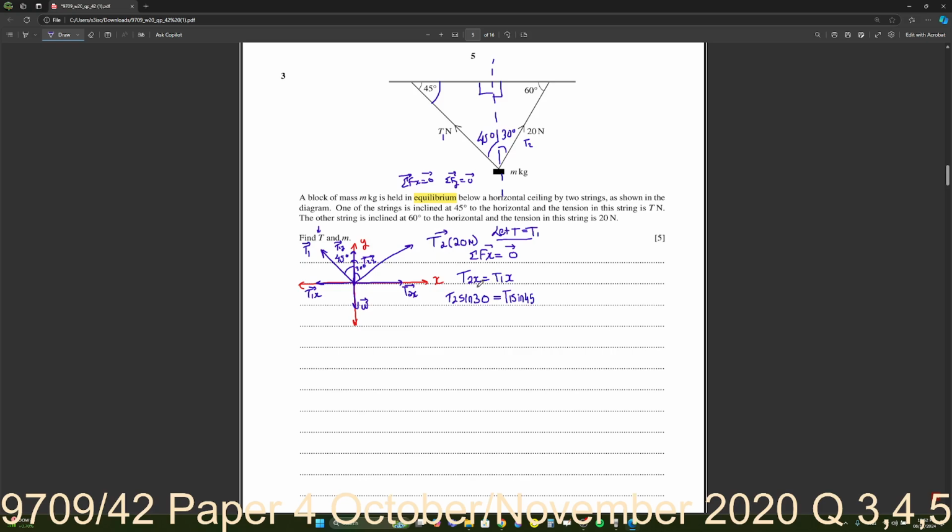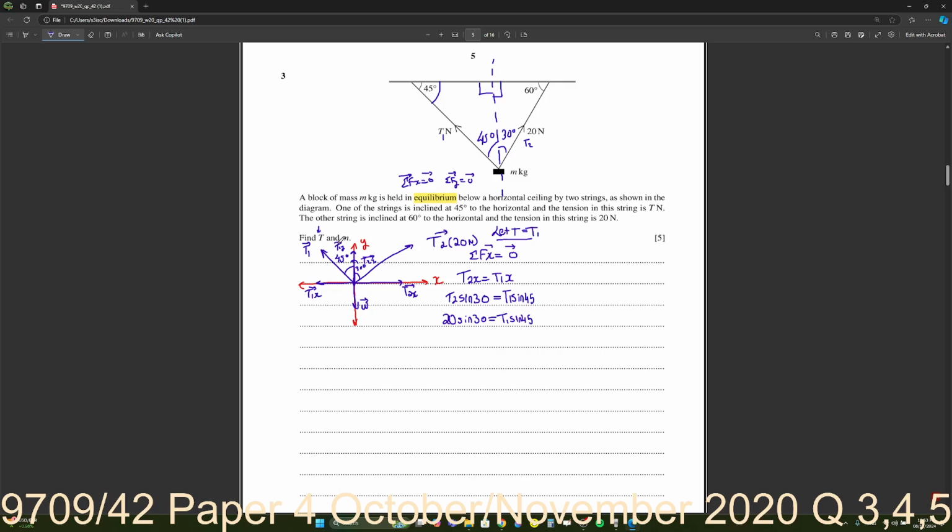So T2x equals T1x: T2 sine 30 is equal to T1 sine 45. We know that T2 is equal to 20 newtons, so 20 sine 30 is equal to T1 sine 45.